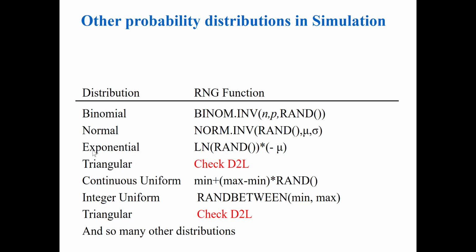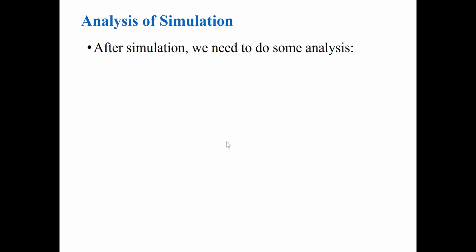We have the exponential function, we have the triangle function, so you can find the details in the documents. Then we have the continuous uniform, so this is the way that you can generate it. For the integer uniform, we can use RANDBETWEEN and provide the minimum value and maximum value for this distribution. Then we have so many other distributions that we can find in the documentation, also in the help of Excel.